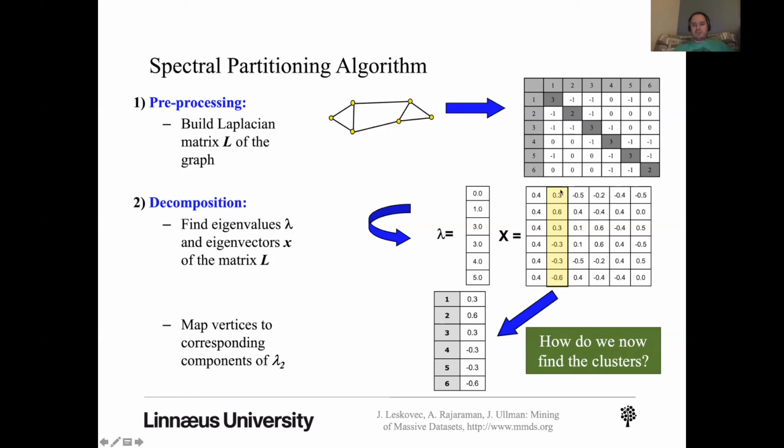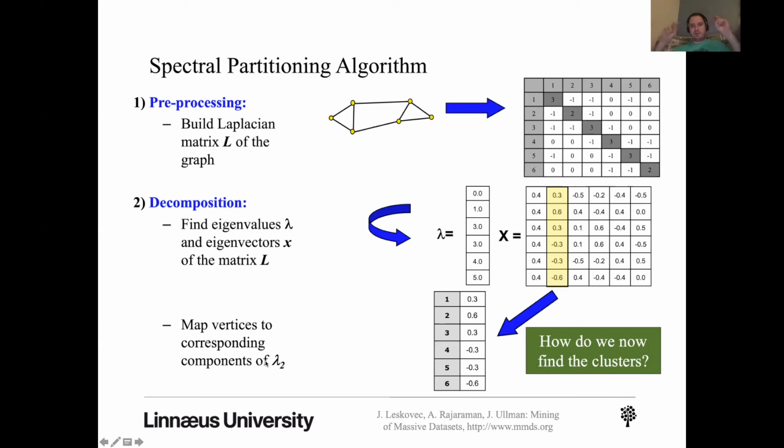And so we are taking the second one, which has the magnitude here of 1, and for example, in this case, you can see it's 3, 6, 3, and then minus 3, minus 3, minus 6. So it has to be, because it has to sum to 0, right? We have determined that it has to. And that's it. So we take this. These are the vertices, so map vertices to corresponding components.